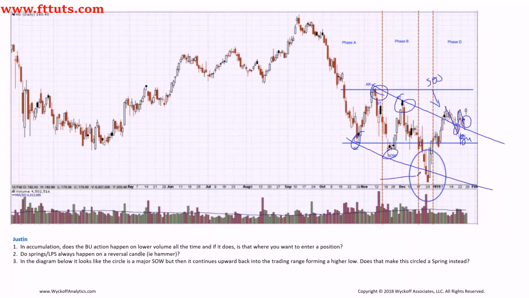Then let's go right away into the question about a sign of weakness or a spring. I would approach it from two different perspectives. The first one is as we are looking at what has happened recently. For instance, what has happened in this area.